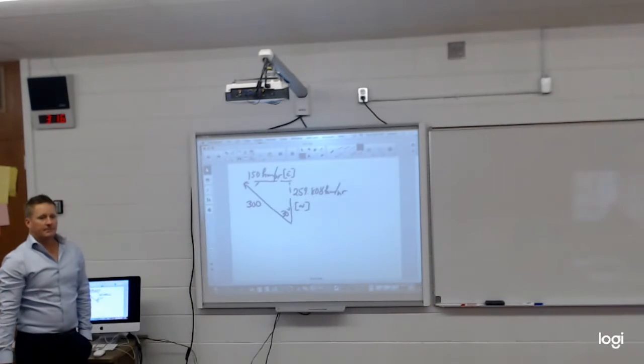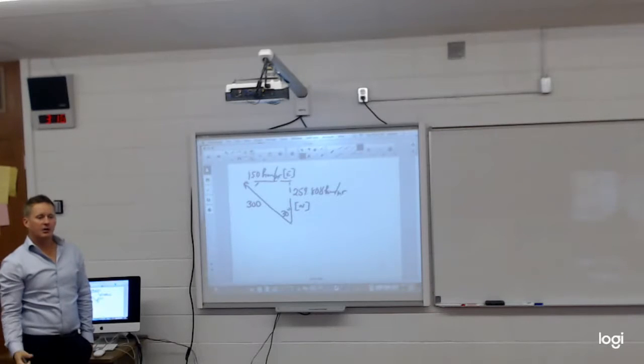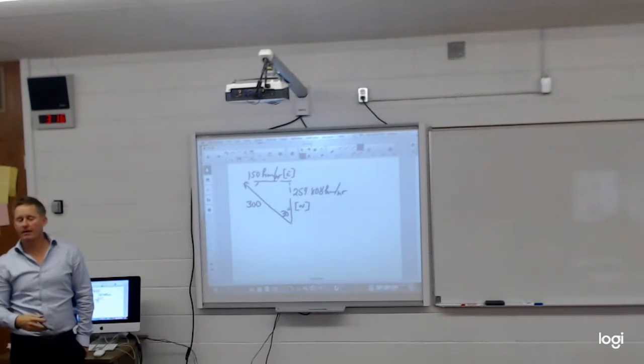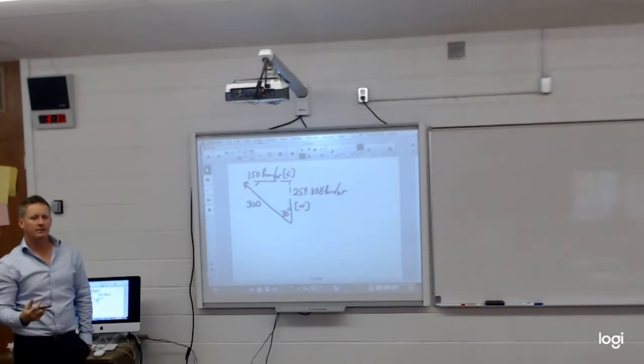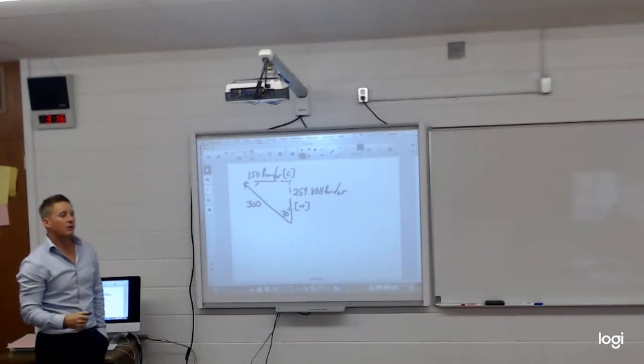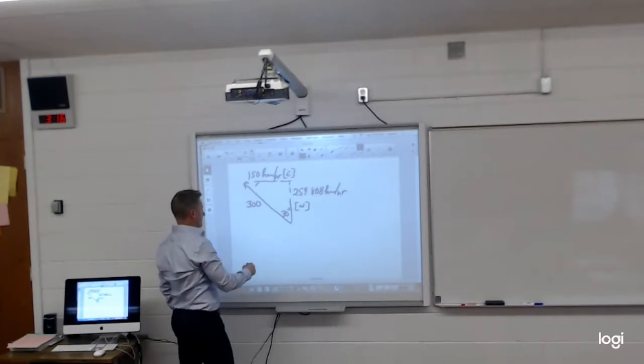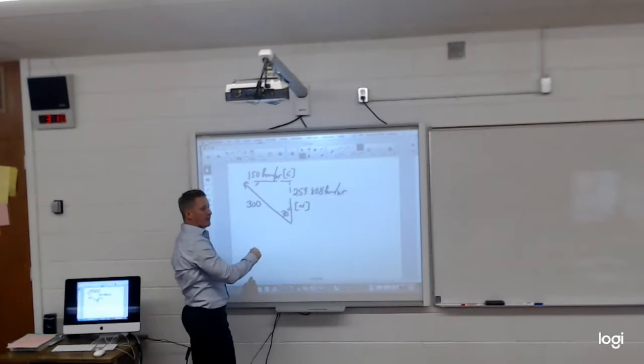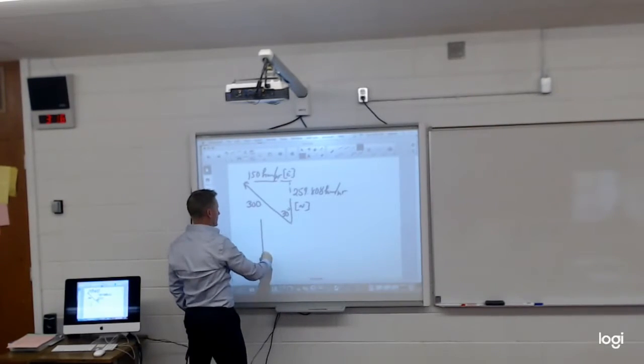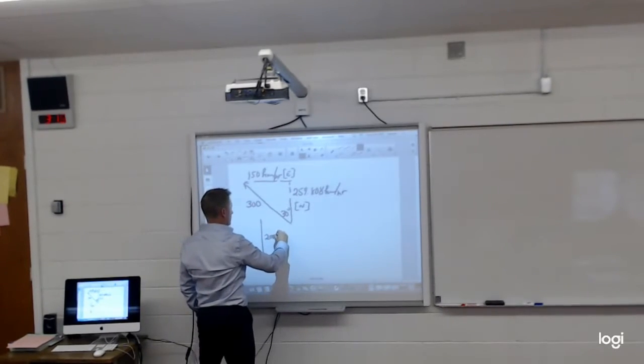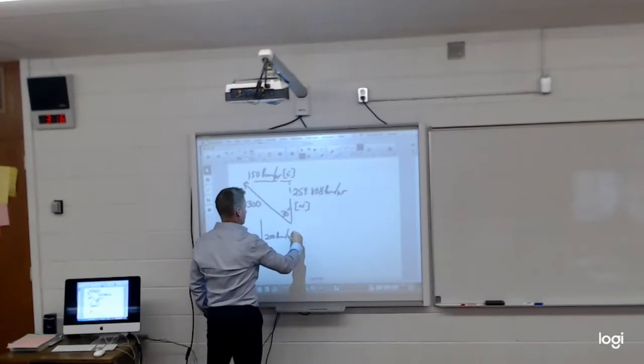So I've got that. I also have the negative of my V1, which was 200 in which direction? North. That's the positive, but what's the negative of it? South. So that's 200 kilometers an hour to the south.